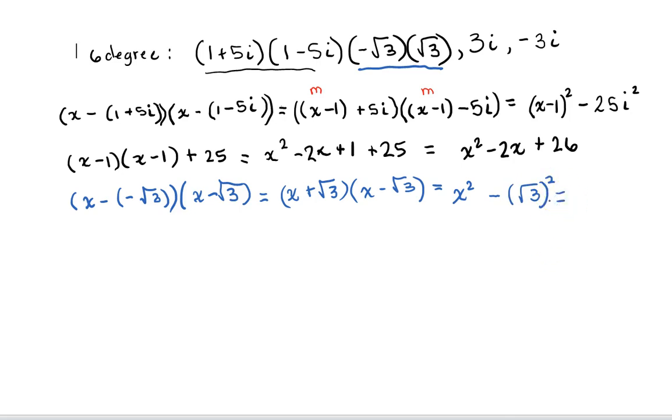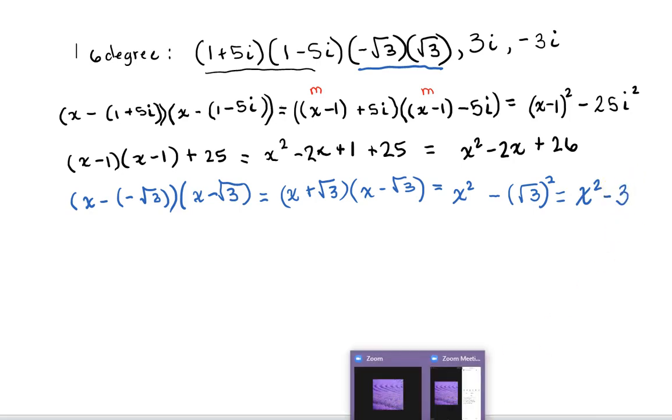If we stop and think about that, that's just a 3. The square root of 3 squared, those two undo each other. So what I've got at the end is x squared minus 3.